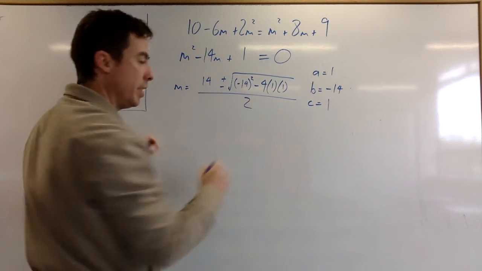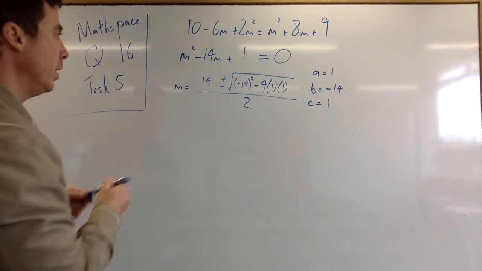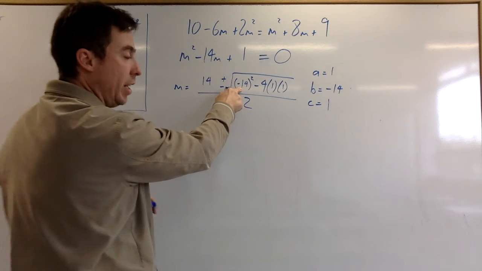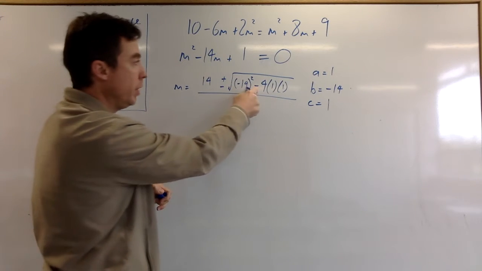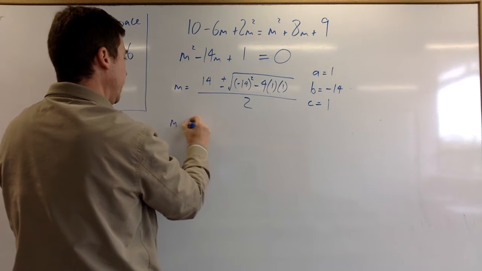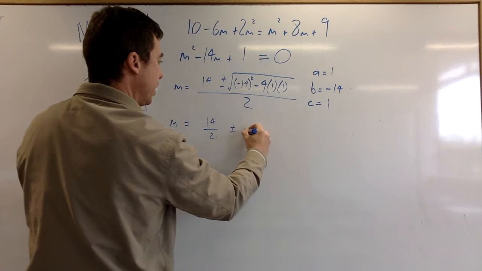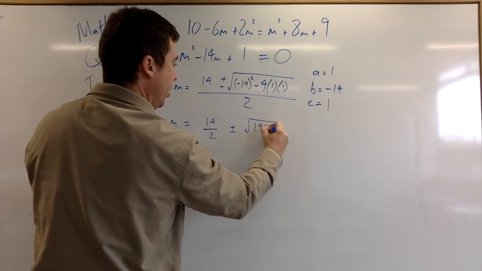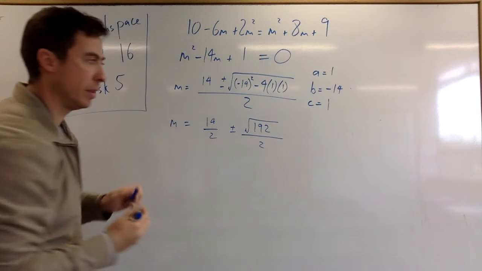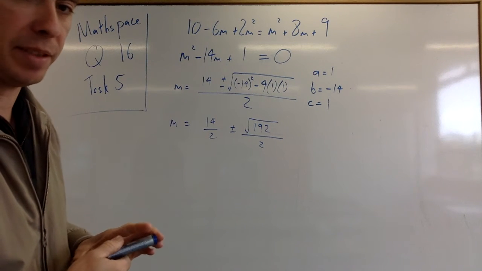In this case, that's just 2. 2 times 1 is 2. What we've got in here is 196 minus 4. Okay. m equals 14 on 2 plus or minus 192 on 2. I've split up the fraction, but we could keep it as one fraction if you like.